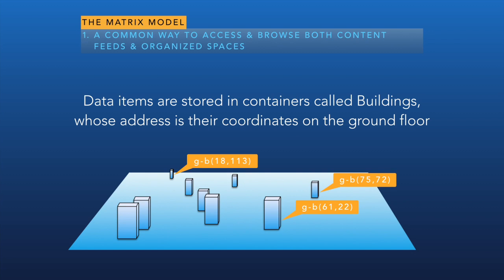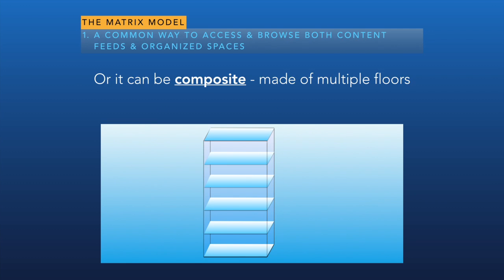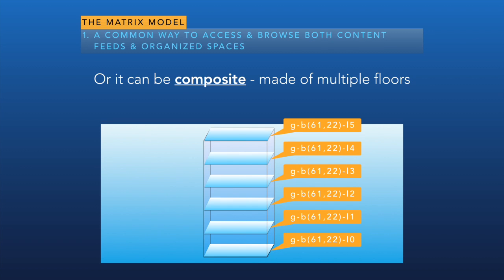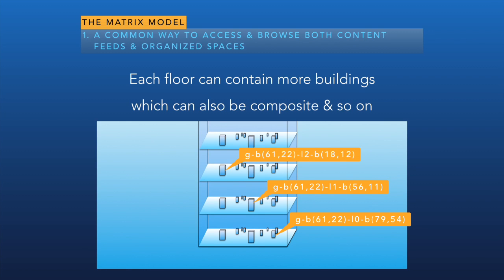Their addresses are the coordinates on the ground floor. So a building can be atomic, containing just one data item, for example, the JSON document representing a Twitter post. Or a building can be composite, made of multiple floors. A floor can contain more buildings, nested buildings, and this can go on and on.